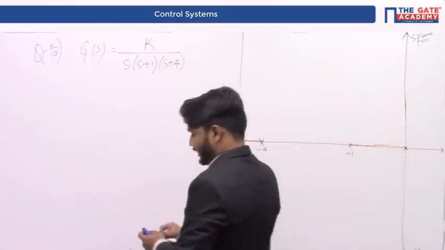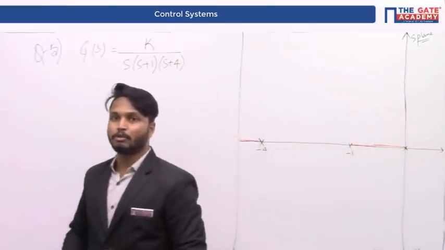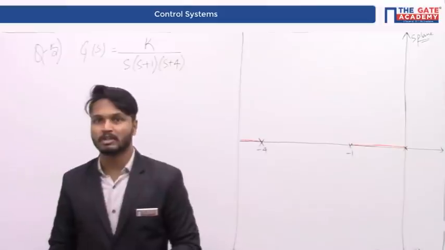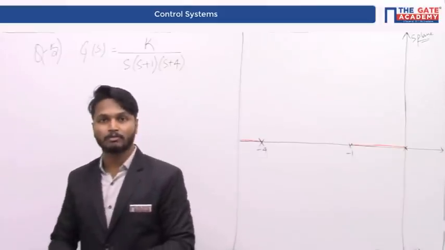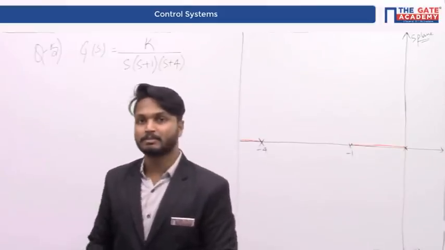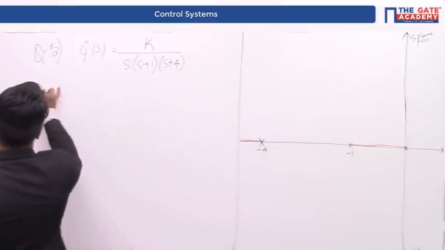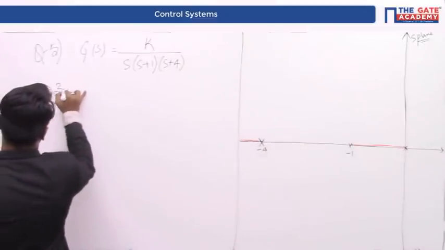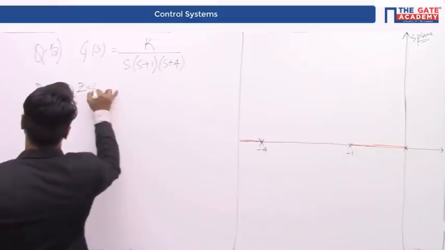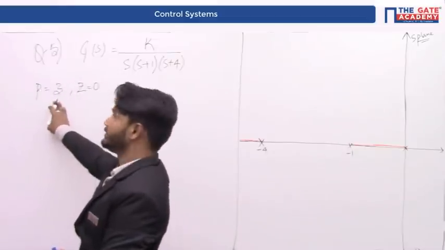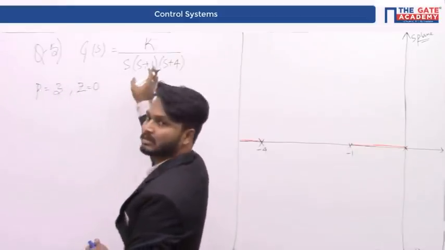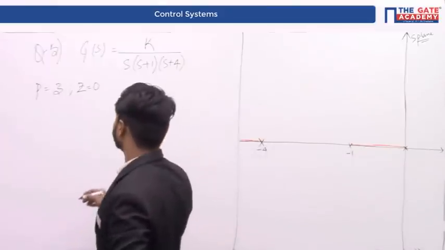So the next thing is we need to calculate the number of asymptotes. How many asymptotes will we get? That is P minus Z. The number of poles P is 3 and the number of zeros Z is 0. It is clearly evident from the system.